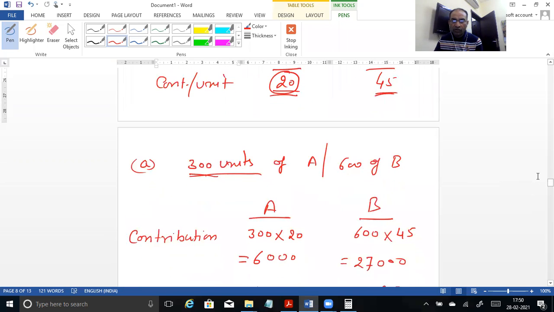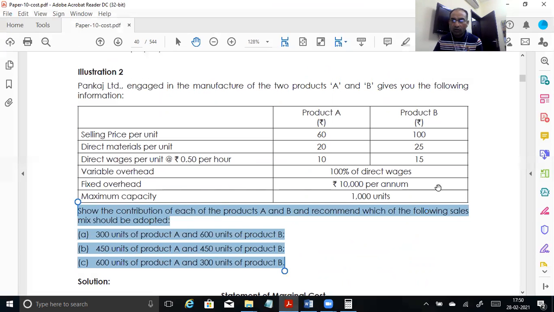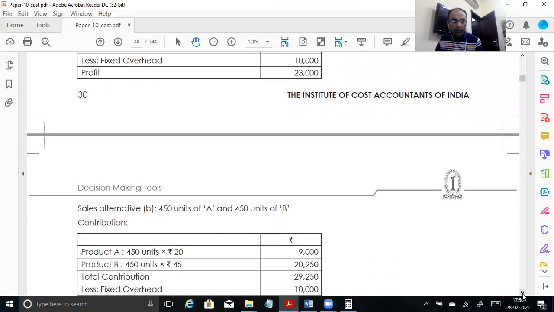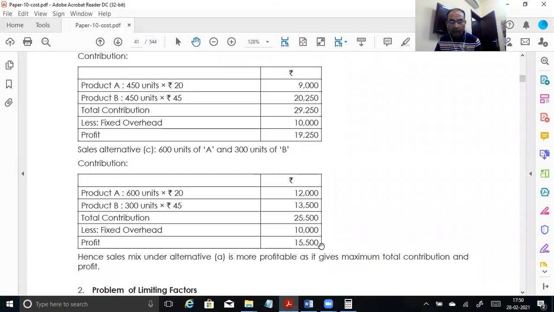Because the product which is giving more contribution, like product B, has more units in the other options. So now if we see this question, what is their solution? You can see the solution here. Profit in case of A is 23,000, then B 19,250, and C 15,500. So option A is the best.